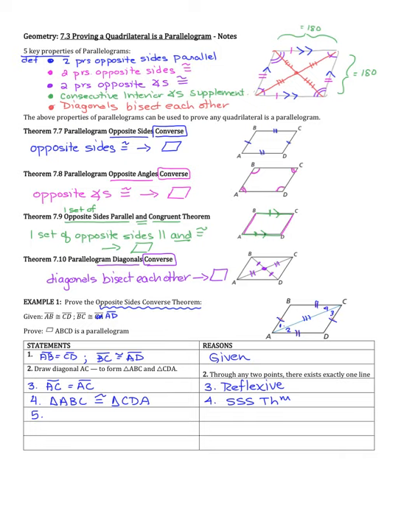So what I know now is that angle 1 is going to be congruent to angle 3, and I know that angle 2 is going to be congruent to angle 4, and what always follows from your triangle congruence is your CPCTC. Corresponding parts of congruent triangles are congruent, so I've got all kinds of congruent angles going on.